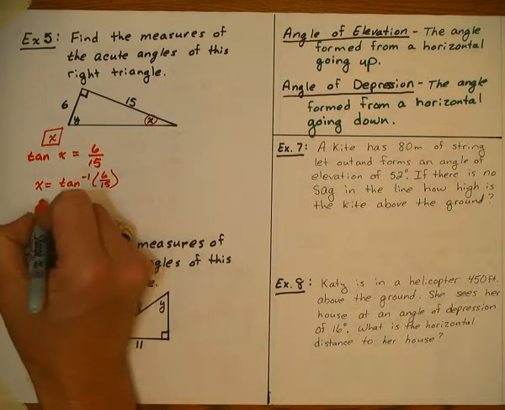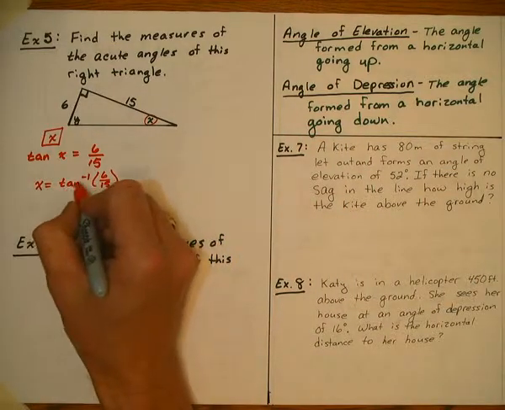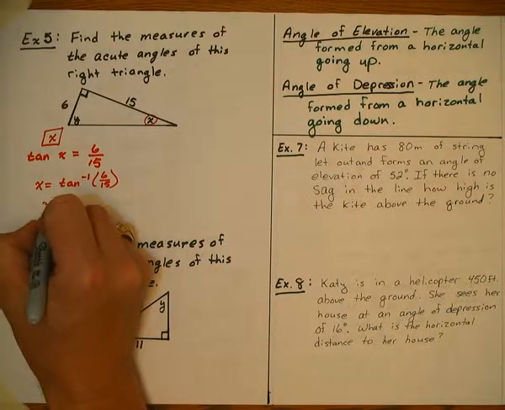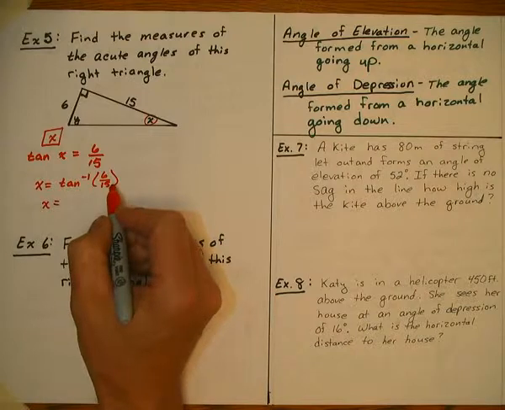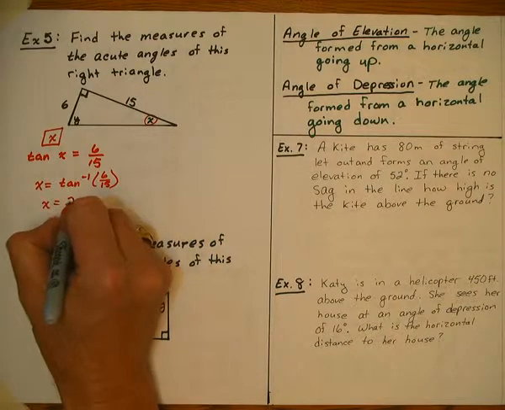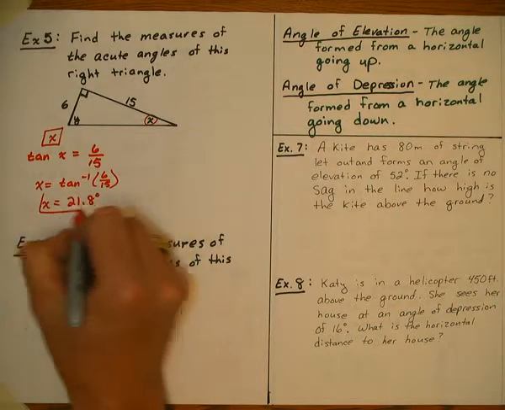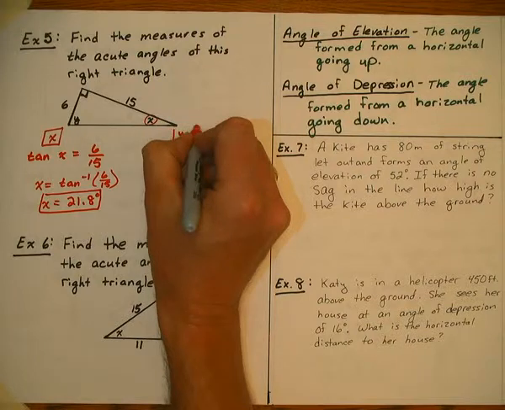Now if you press the trig button on your calculator, you're going to see an option that says tangent inverse. So that's the one you're going to select. And you just type this in as you see it, and x is going to come out to equal 21.8 degrees. Now, to find y.